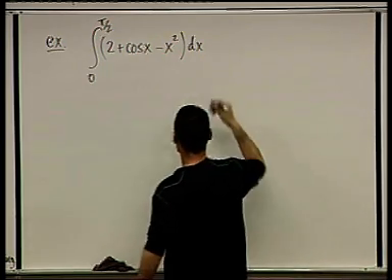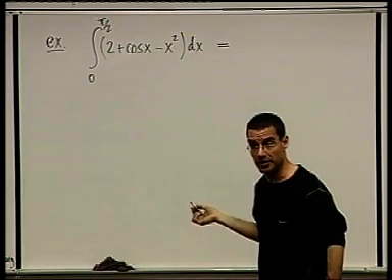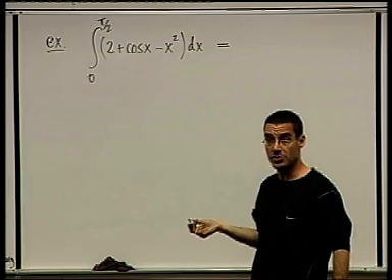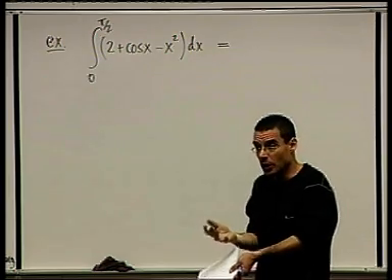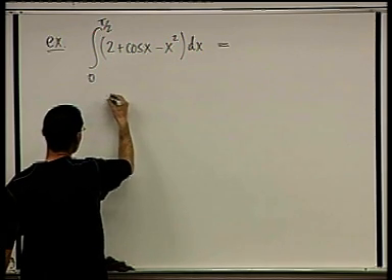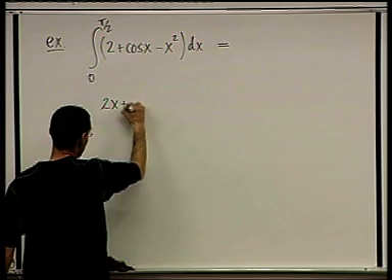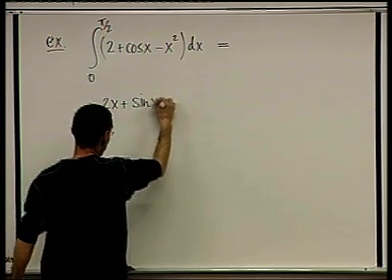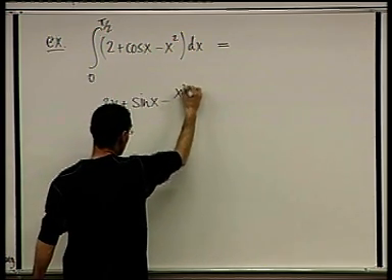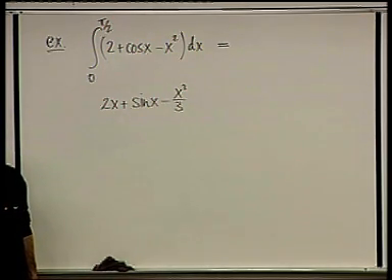Well, not too hard. This equals, I need to find the antiderivative. In this case, it is what we called an immediate antiderivative. What's the antiderivative of 2? 2x plus sine x minus x cubed over 3. That's the antiderivative, right?